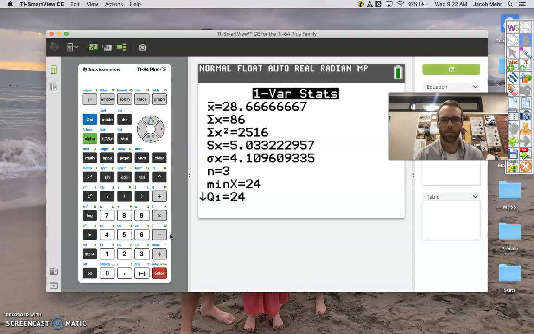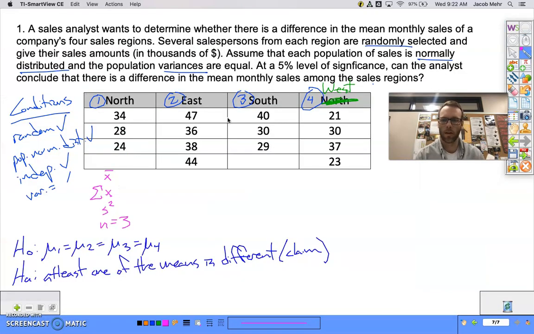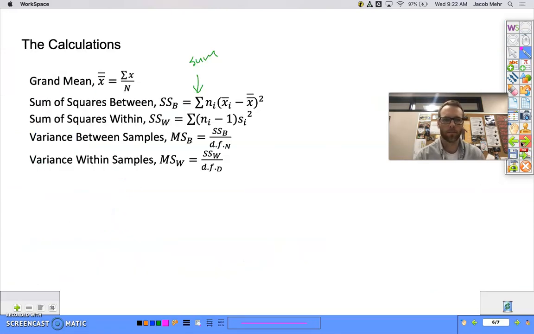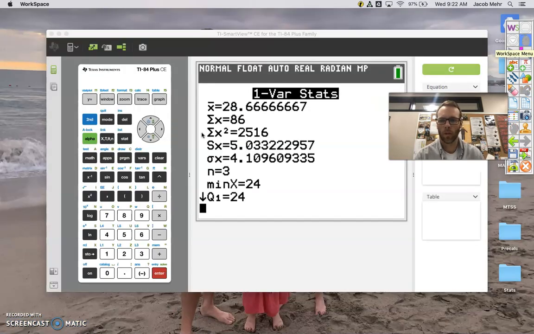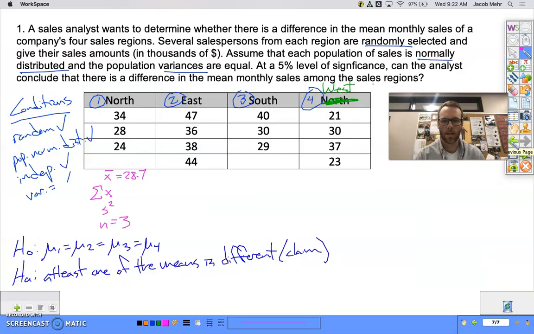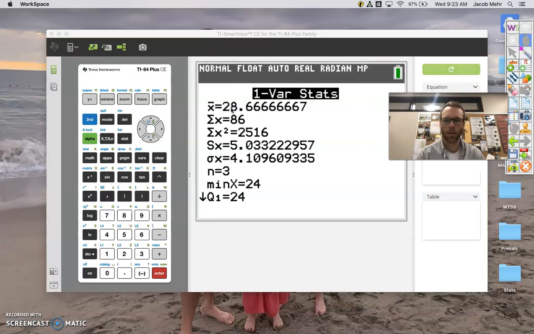So I'll go stat, calculate, one variable statistics, and I'm going to do list 1. X bar is 28 2/3, so I'll write around that 28.7. The sum of the X's is 86. That's just all of those added together. Now recall, the calculator gives us the standard deviation, not the variance.